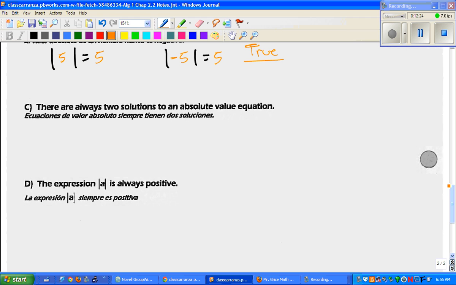All right. C, there are always two solutions to an absolute value equation. What do you think? Let's find out. Well, let's pick a number. 3. If this was x, x would equal -3 or +3. Two answers, right?